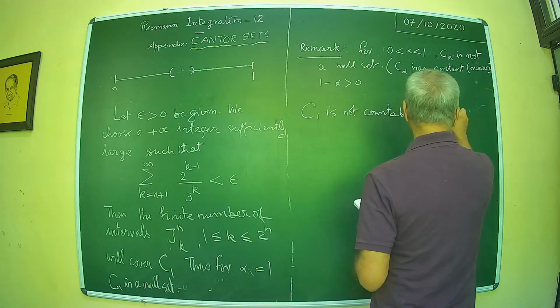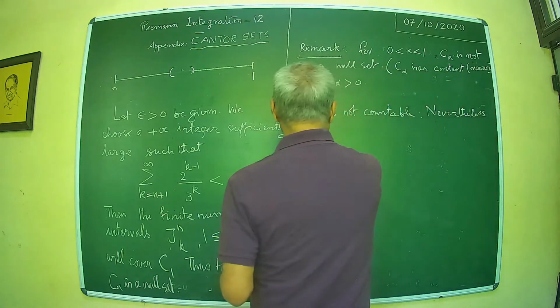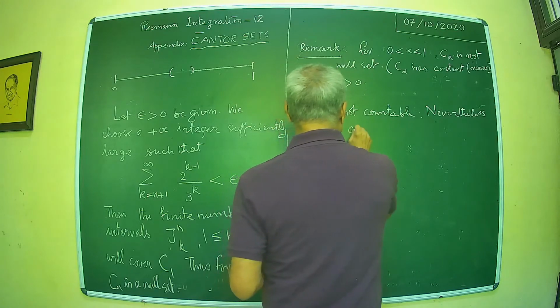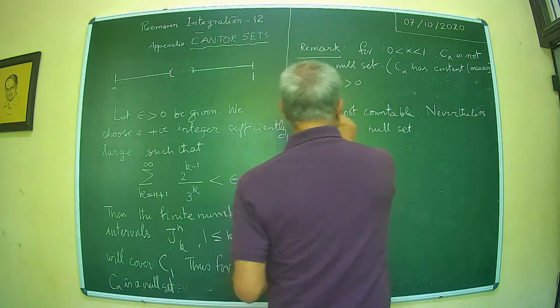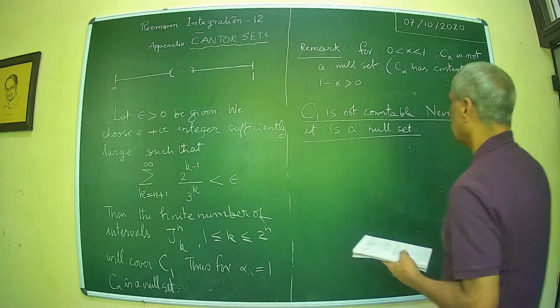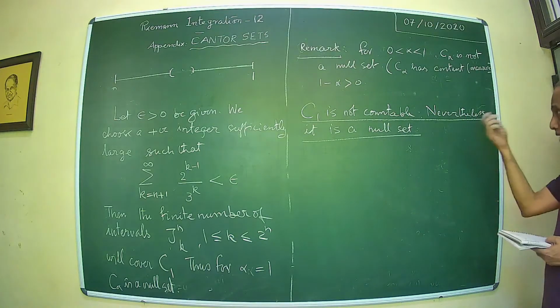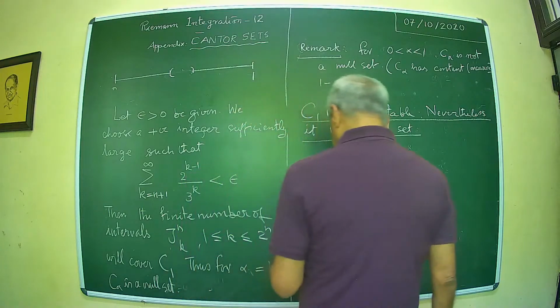Nevertheless, let us first prove that it is uncountable. It's a very curious proof. So what is C1?